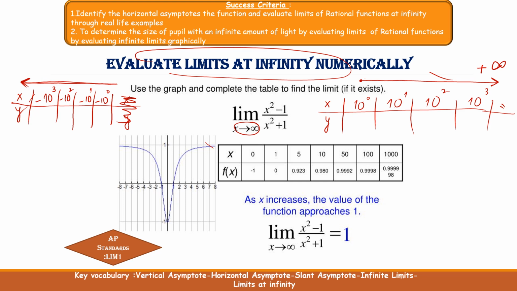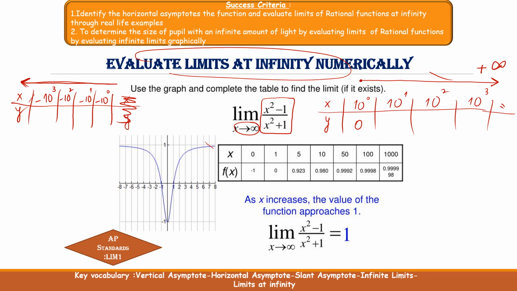Now look at this. x is approaching infinity. Whenever you have the graphic calculator, go to the menu, graph, and then start writing the equation. So when 10 to the power of 0, the answer is 0.